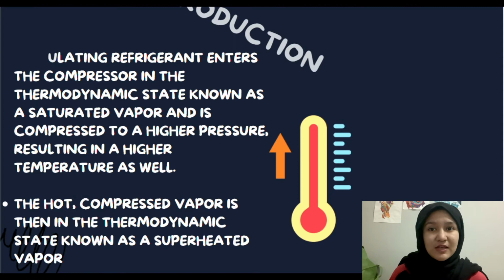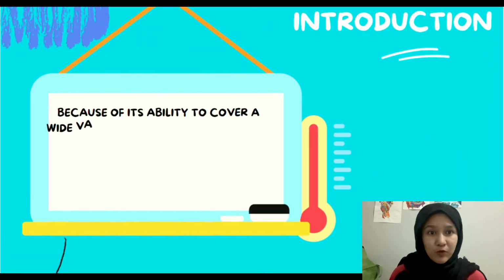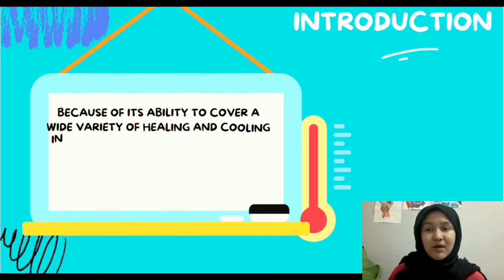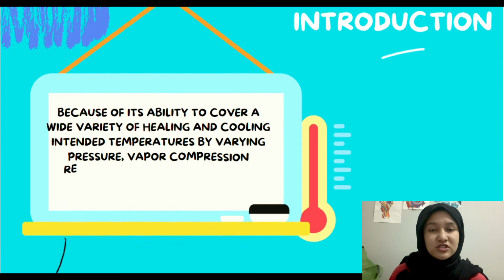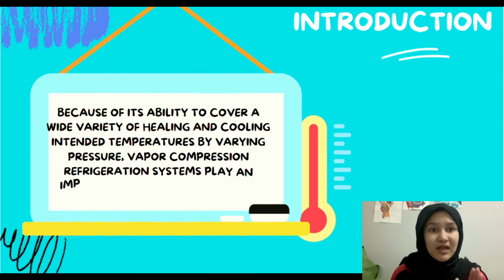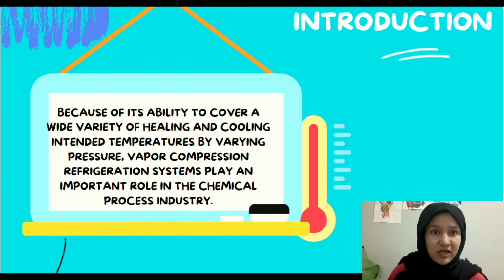Because of its ability to cover a wide variety of heating and cooling temperatures by varying pressure, vapor compression refrigeration systems play an important role in the chemical process industry.